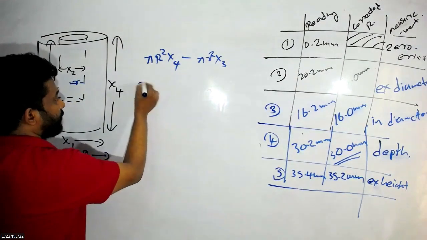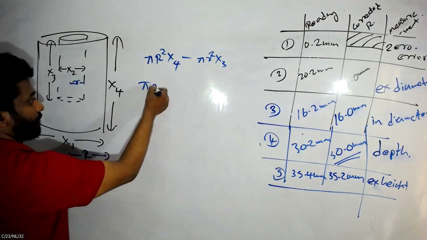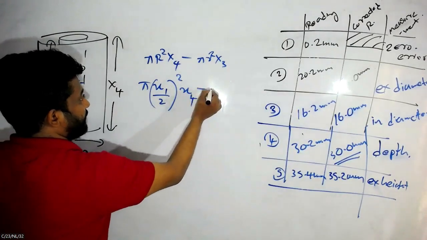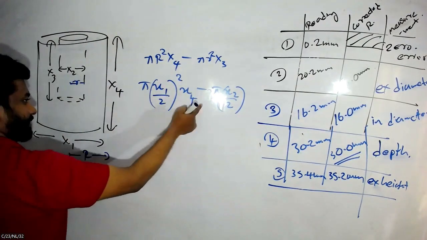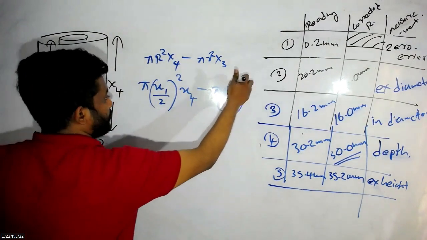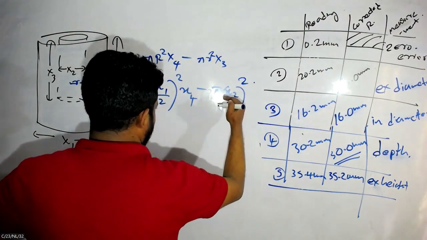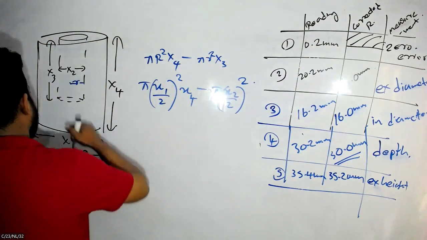Then you can substitute capital R as x1, the external diameter over 2: pi times x1 over 2 squared times x4. Then simple r is the internal radius, which is the internal diameter divided by 2, squared, and the height is x3.